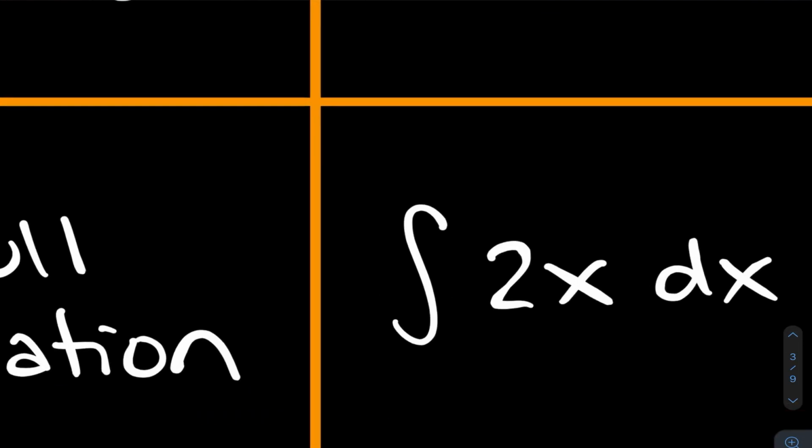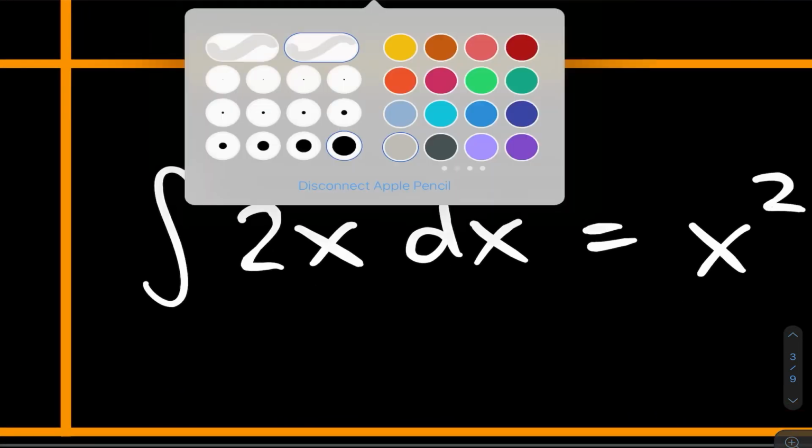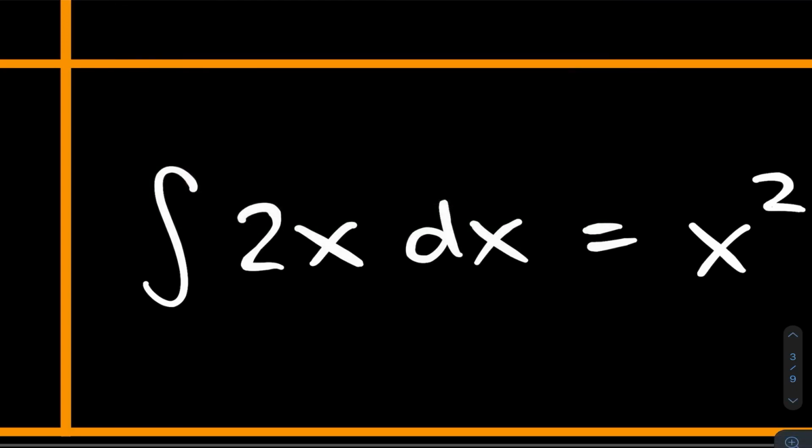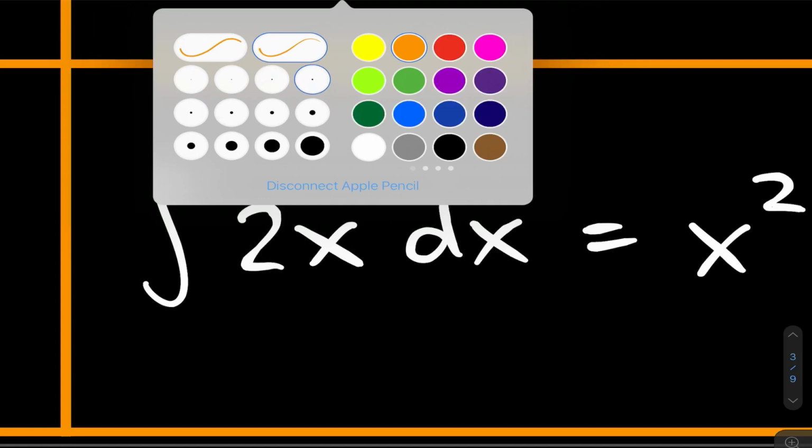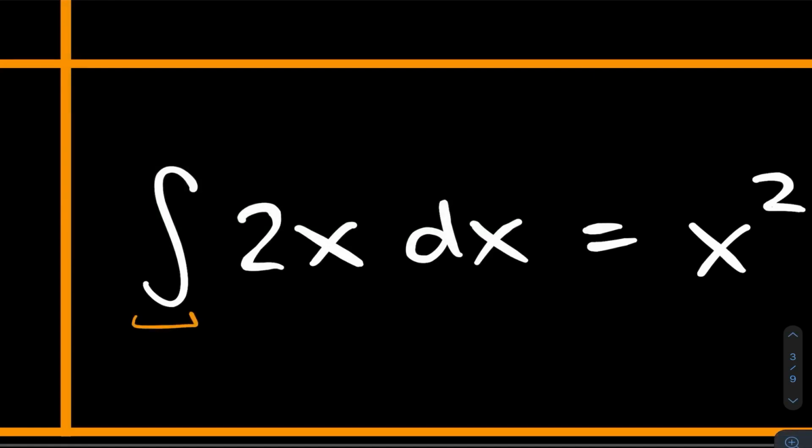So here, let me draw. Okay, so this right here is called your integral symbol. And I talked about that. It's your integral operator. It's telling you you're taking an integral.